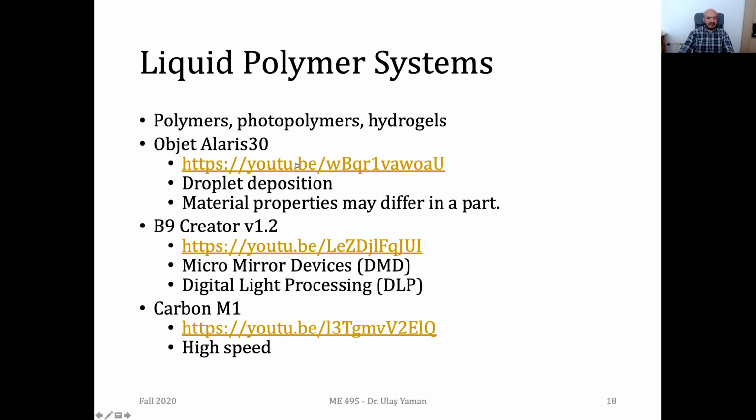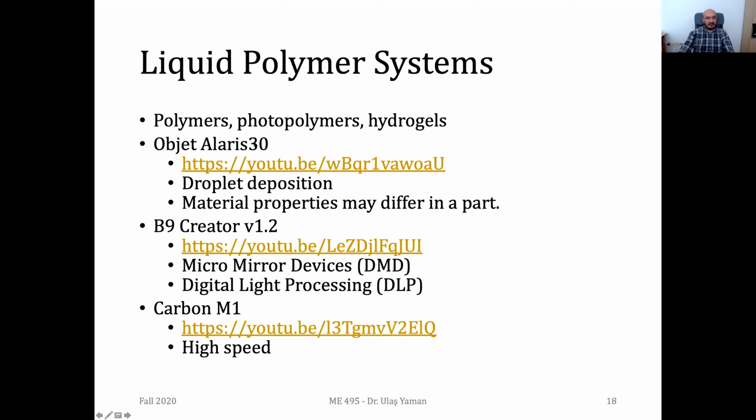The first one, the second one, the third one, they were all using photopolymers, and they were curing these polymers with the help of different light sources, some lasers, some special light equipment, some projectors, but the idea is the same. They have a photopolymer, and once you reflect some light on these photopolymers, they will be polymerized.